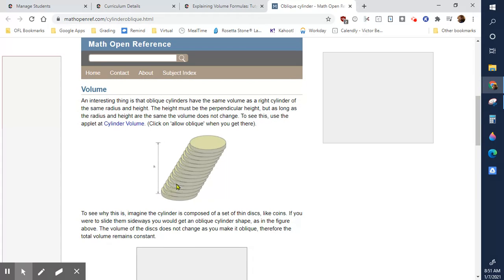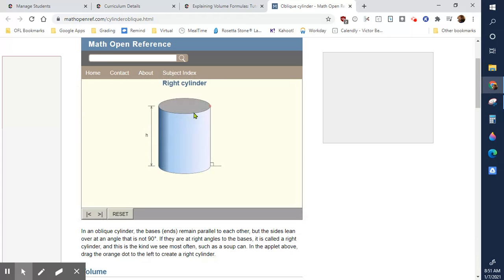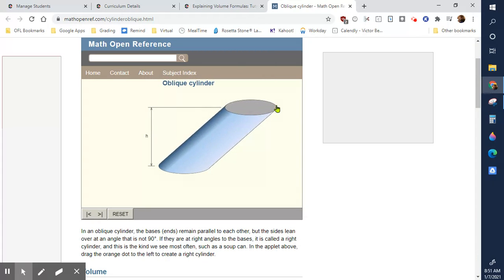So if you stacked all these up perfectly, the height's the same, right? We still have this stack of CDs or coins or whatever you have here. If I were to slant them a little bit, the coins have not changed volumes. They've just moved over. So when you're thinking about this, you're thinking of millions and billions of coins slanting over.